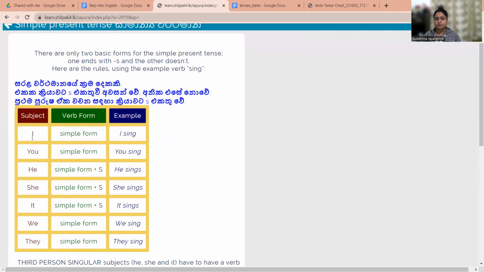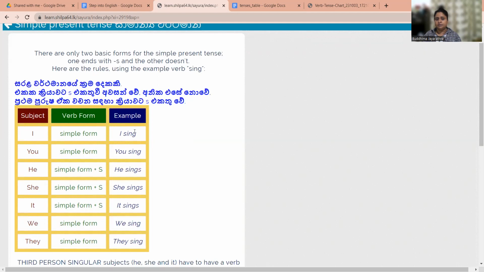And you already know the subject pronouns that we learned. So the first person, second person, and third person. The first person is I and we, and the second person is you, and third person singular is he, she, it, and third person plural is they.